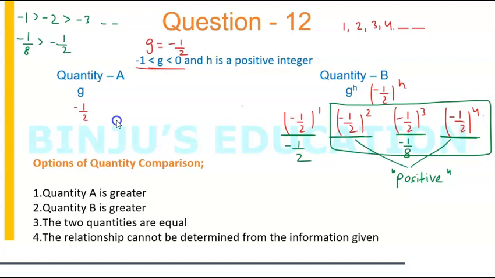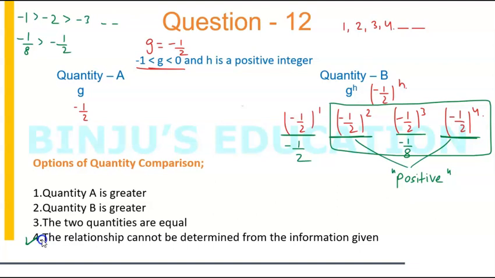So do you have a specific relationship? No, we don't. Just one case is sufficient to figure out that the given information is not sufficient. The relationship cannot be determined from the given information, and hence your answer becomes 4 or the D.